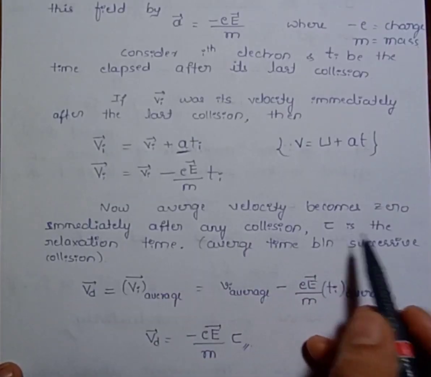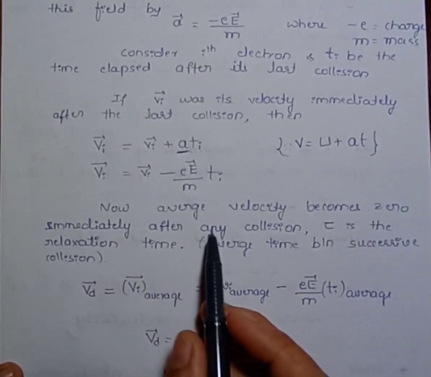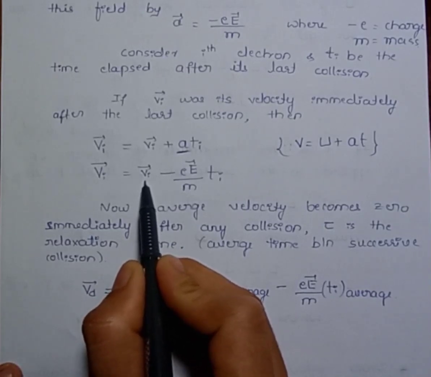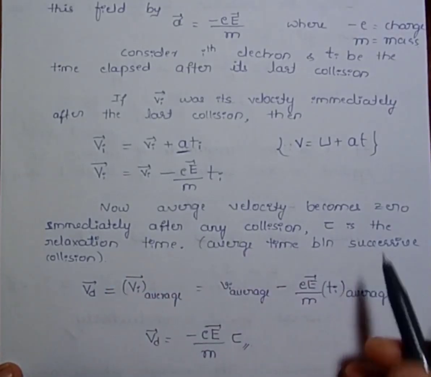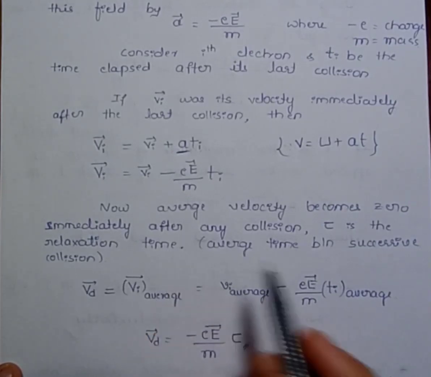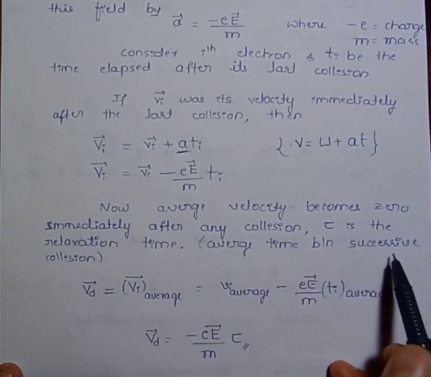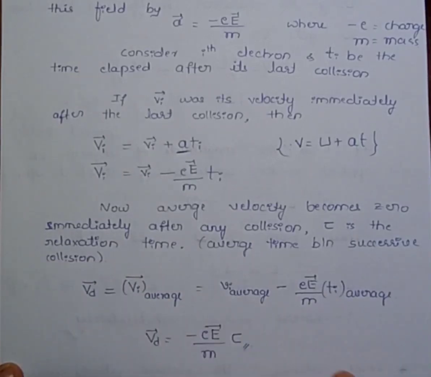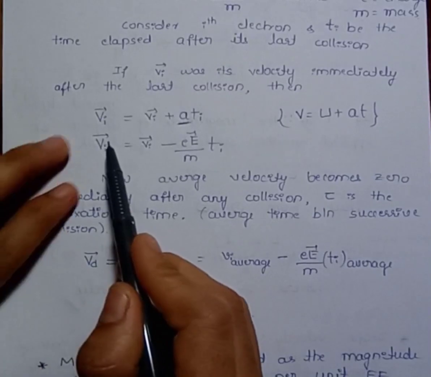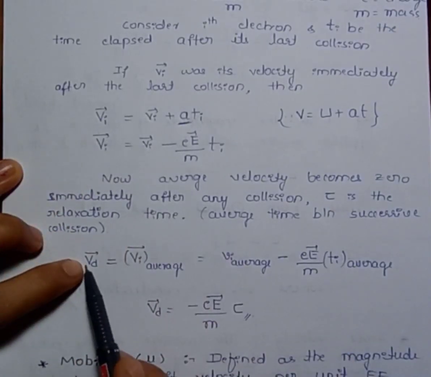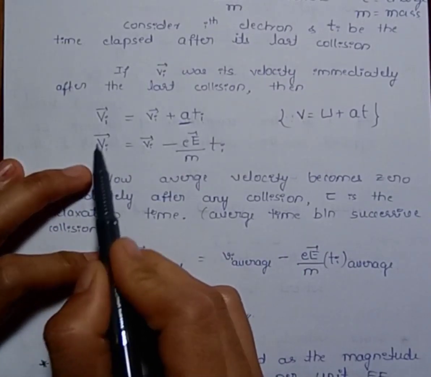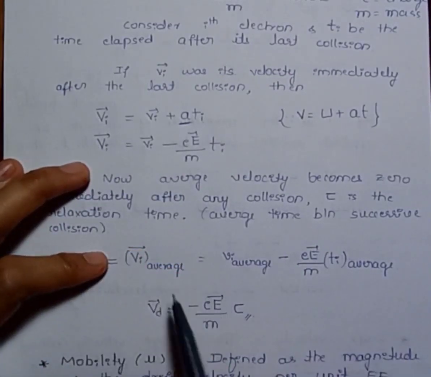Now the average velocity becomes 0 immediately after any collision. Then small vi vector is equal to 0, and tau gives the relaxation time. Here what do you mean by relaxation time? It's the average time between successive collisions. Then capital Vi vector changes to drift velocity Vd. In place of only Vi, we have to take the complete average velocity.